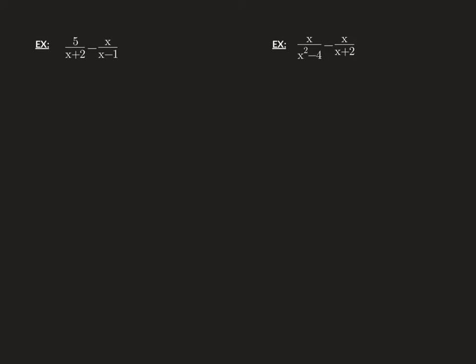I can't do that. So the only thing I can do to get a common denominator is multiply. And since this doesn't factor, x plus 2 does not factor, x minus 1 does not factor, then I'm going to look for the smallest multiple of each of them. Well, in this case, my smallest multiple, my least common denominator in this one, is going to be when I multiply both of them together.